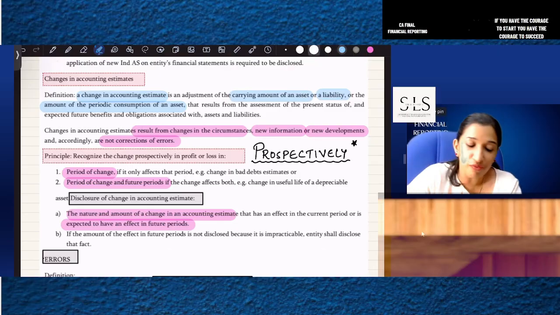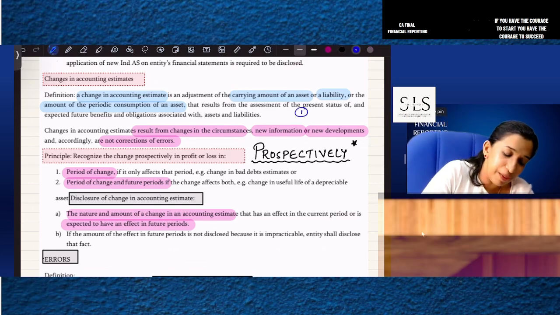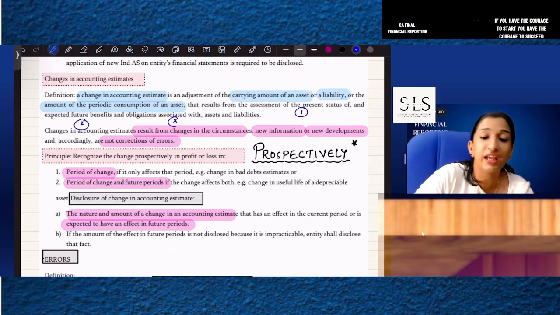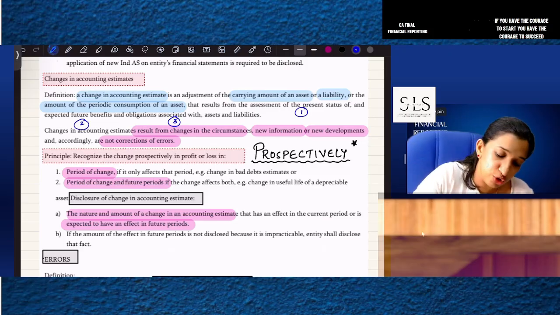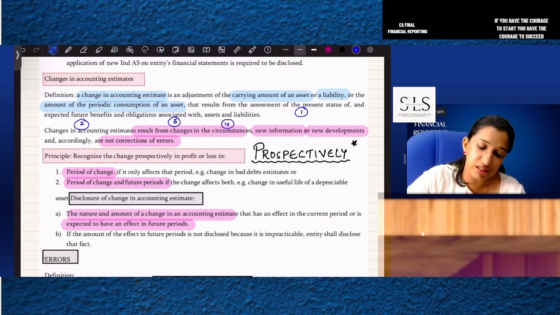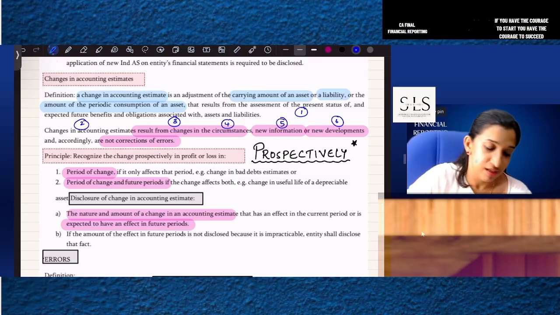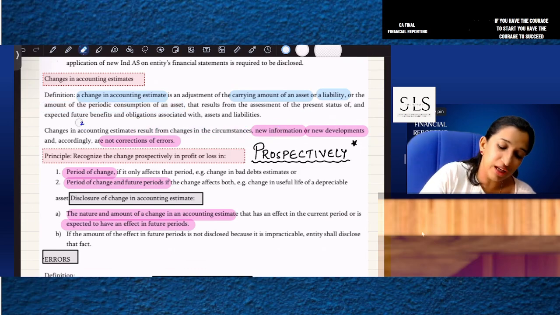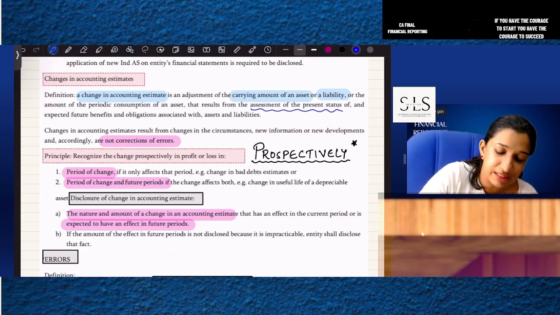The result is out of assessment of the present status and expected future benefits, obligations associated with assets and liabilities. The change in accounting estimates can also result from change in circumstances, new information, new developments, and are not correction of errors. Change in accounting estimates are not correction of errors. So, a change in estimate can be as a result from assessment of the present status.